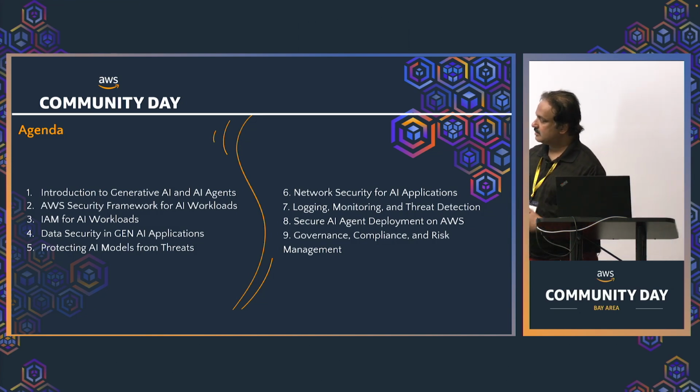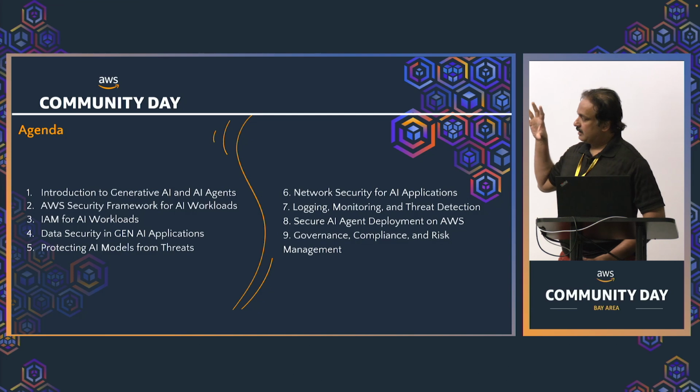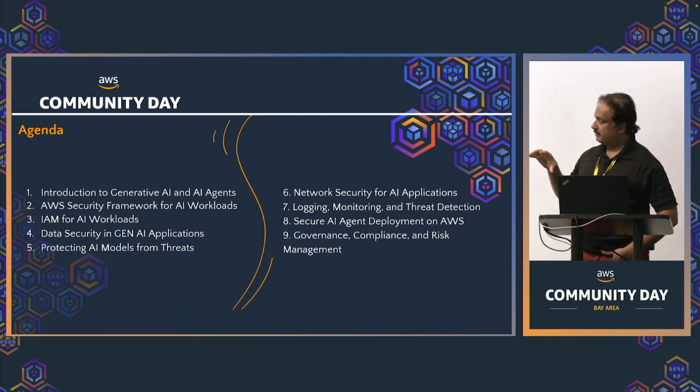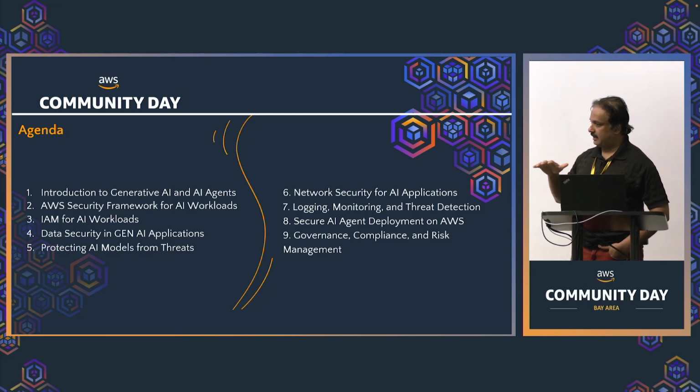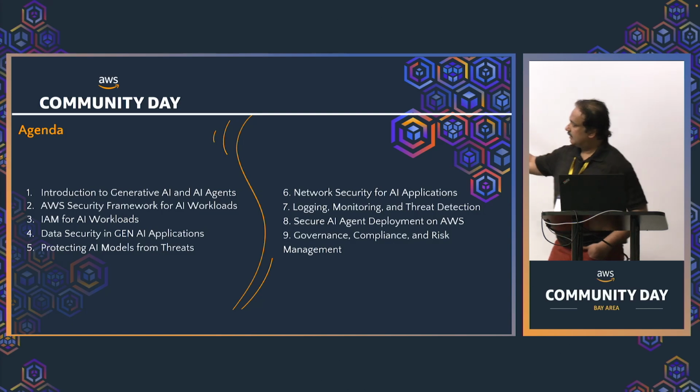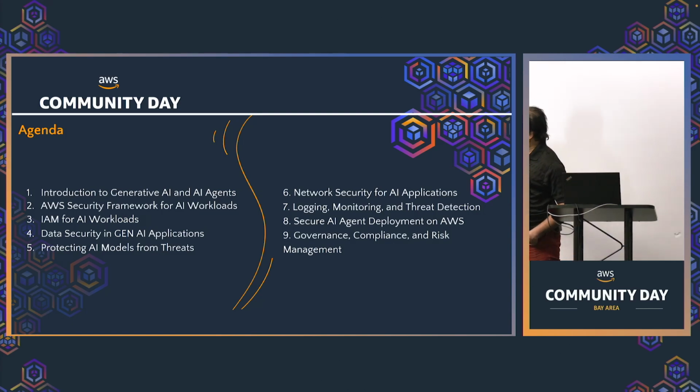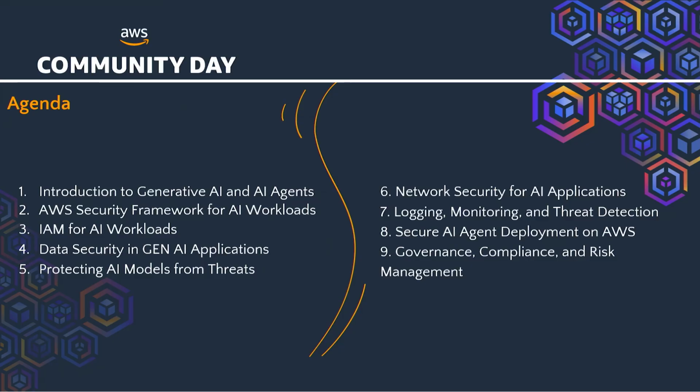And then we'll look into protecting it from the IAM point of view, protecting the data and the infrastructure from a network point of view, and how we log, monitor, and detect threats using AWS services, and securing AI agents, and also we'll take a look at governance, risk, and compliance.